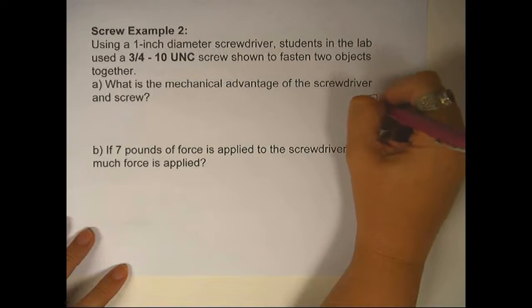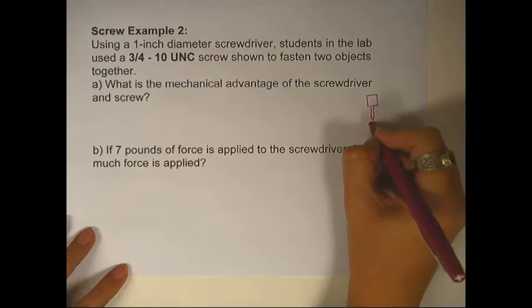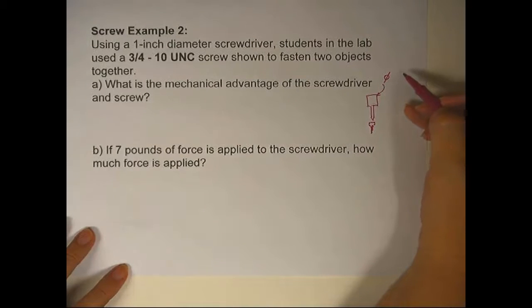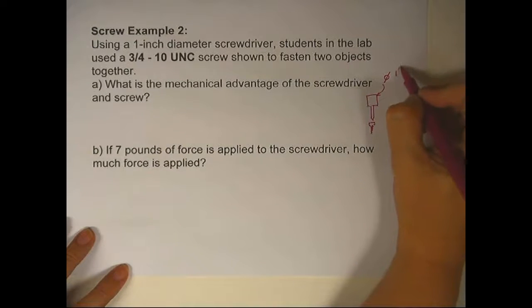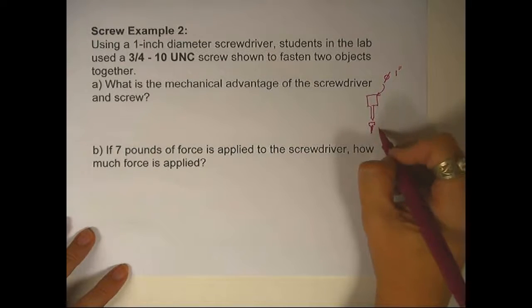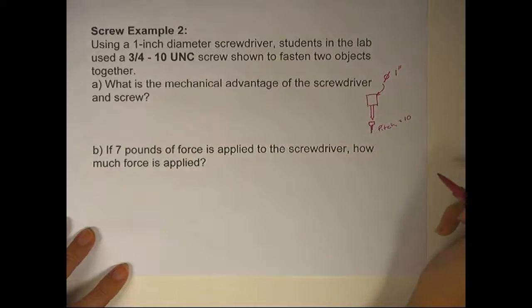I have a little screwdriver. Isn't that cute? And then I've got a little screw down here. The screwdriver has a diameter, remember that's our symbol for diameter, of 1 inch. And then down here, my pitch is 10.